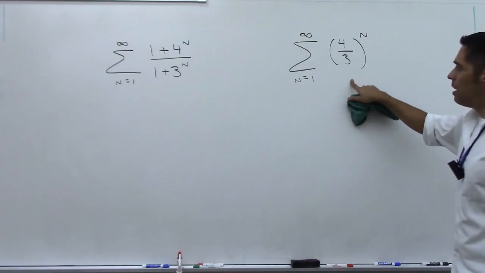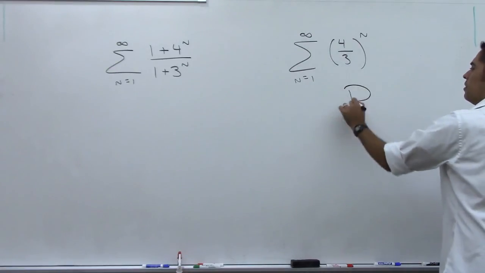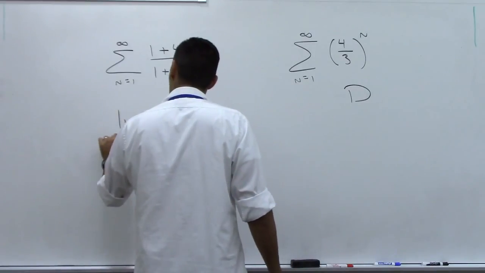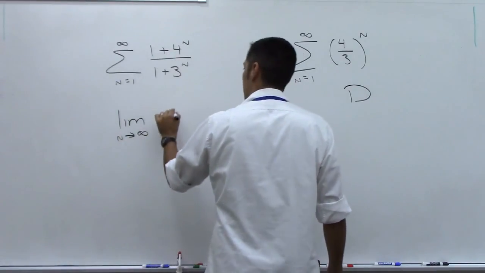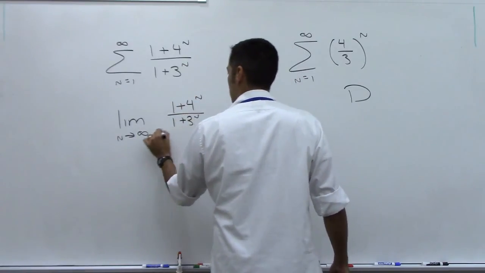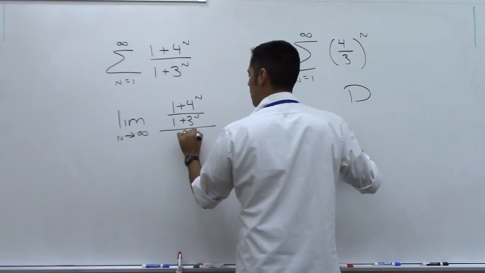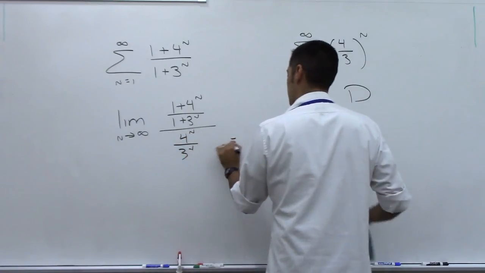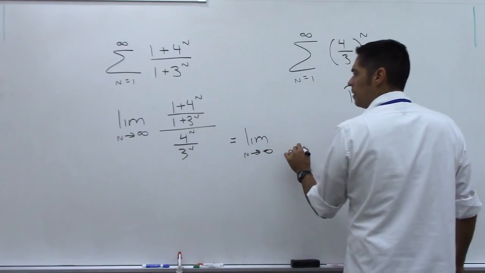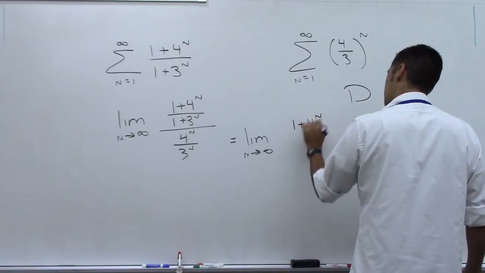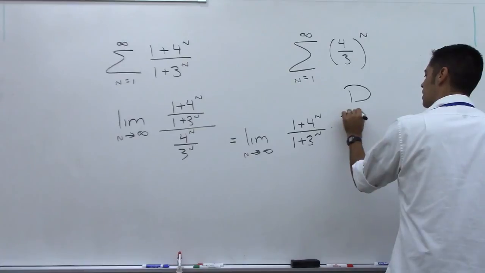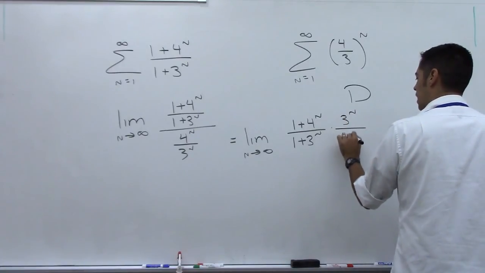This is a divergent geometric series. So we would do the limit as n goes to infinity of this guy over this guy. I'm going to write it this way, which is the limit as n goes to infinity, and when we flip, we get 1 plus 4 to the n over 1 plus 3 to the n times 3 to the n over 4 to the n.